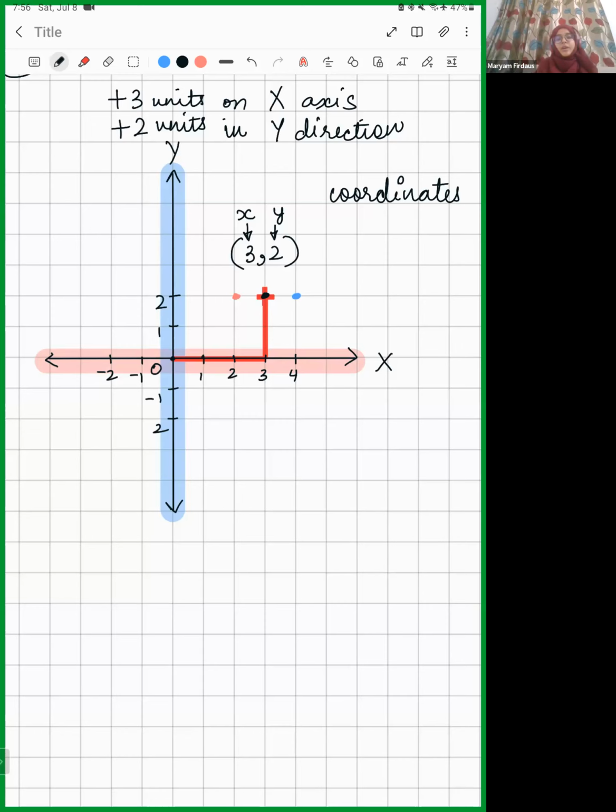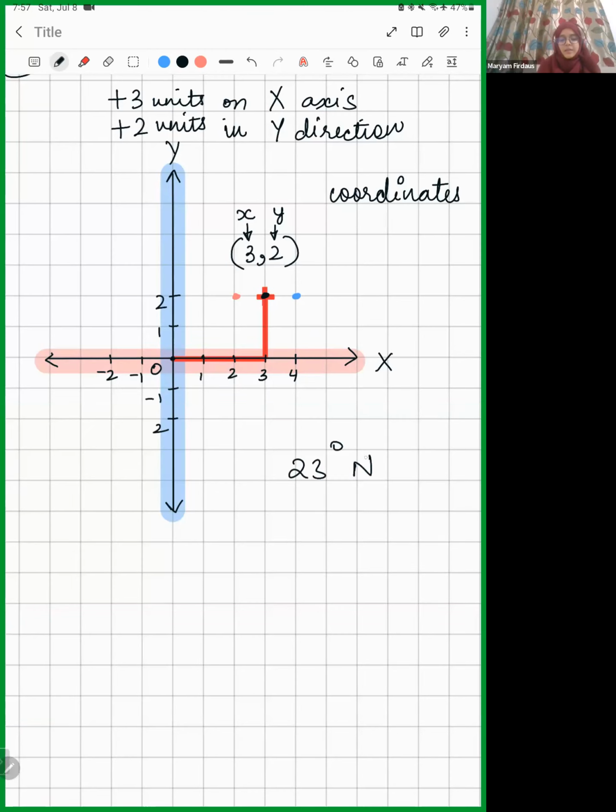So the equator happens to be your x-axis, and the meridians happen to be your y-axis. According to that, your coordinates are decided. Geographical coordinates are written as something like 23 degrees north.